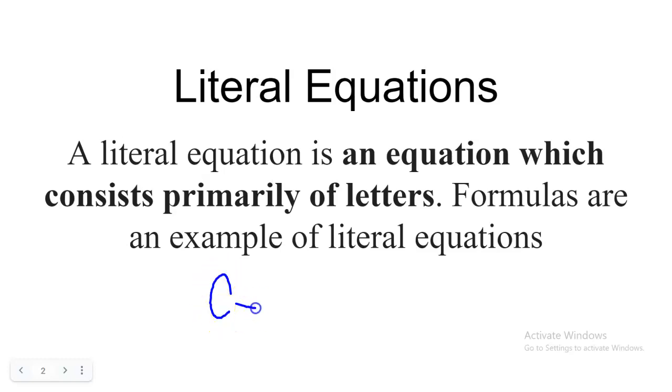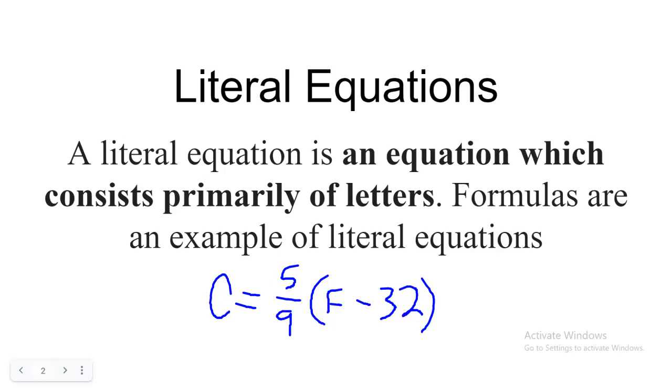We're talking about degrees, and degrees Celsius is 5/9 times the degrees in Fahrenheit minus 32. So literal equations are built up of primarily letters, and we're also going to be using what we've been practicing in solving multi-step equations and rearranging these formulas.